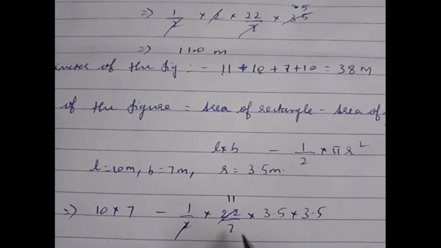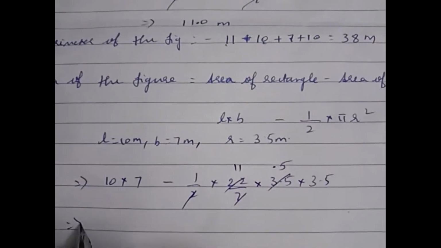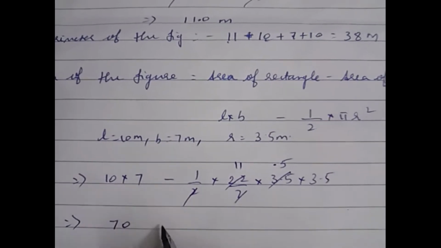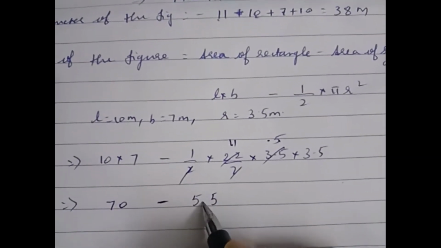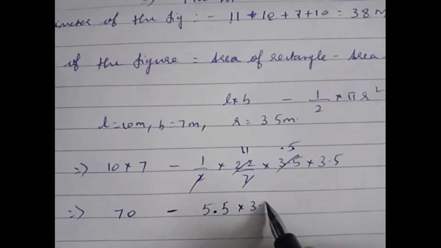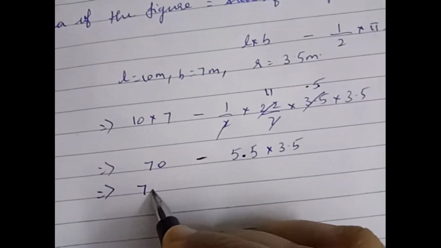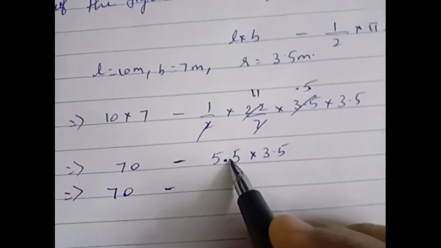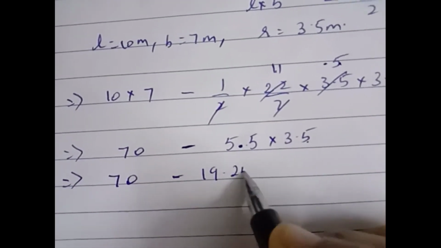Cancel it, 11 times 0.5. And 10 7s are 70 minus 11 into 5 is 55 point into 3.5, which is equal to 70. If you multiply 5.5 into 3.5, you'll get 19.25.